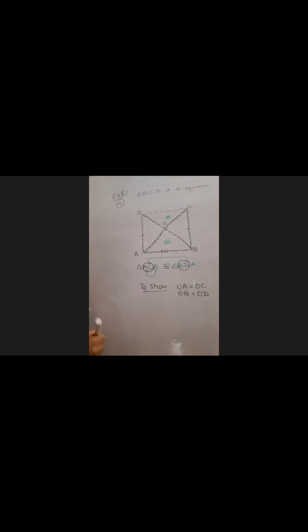Triangle AOB and COD. You can take any opposite triangles, either these two or these two. Your wish. But if I prove that these two triangles are congruent, will I get these as CPCT? Yes, ma'am. Okay.